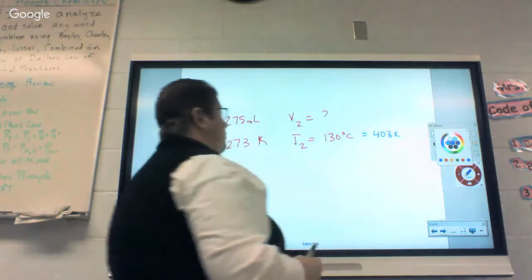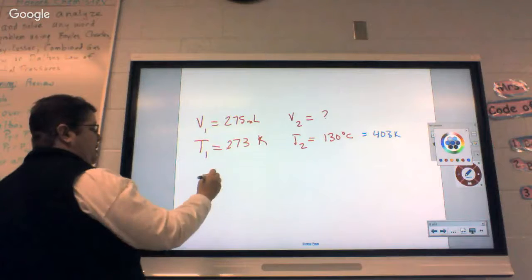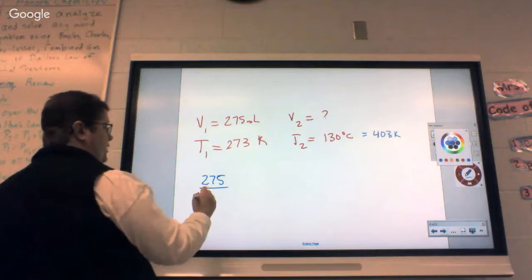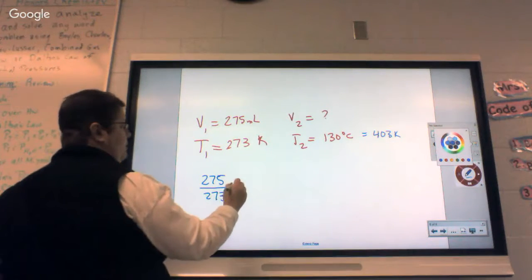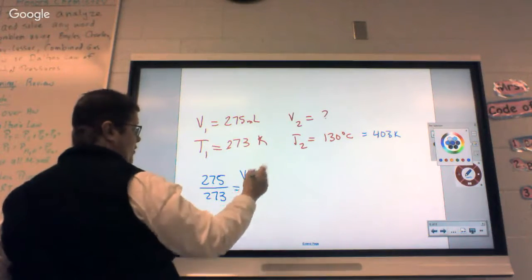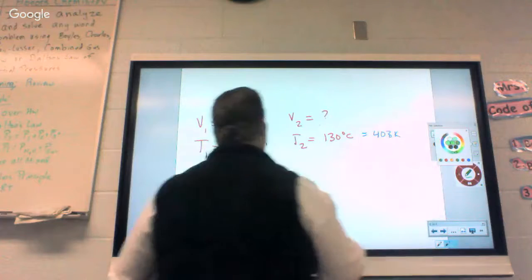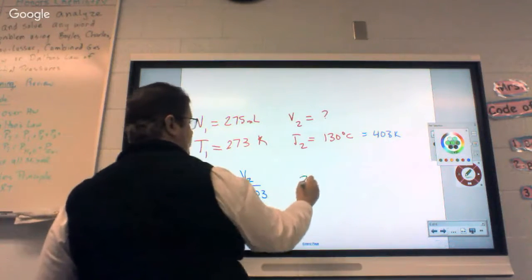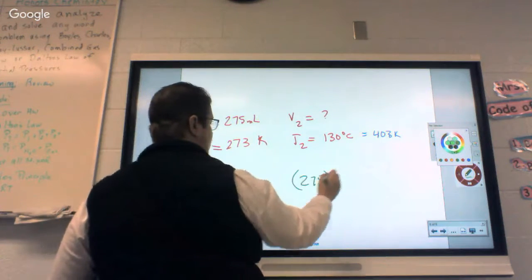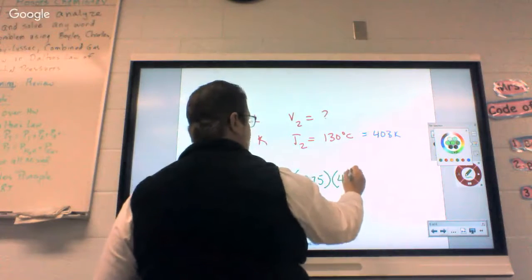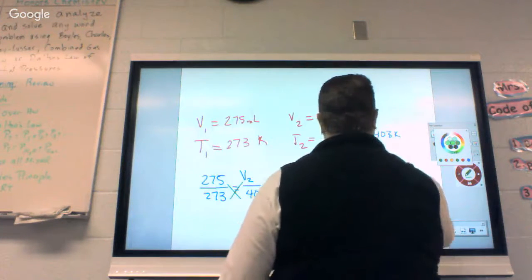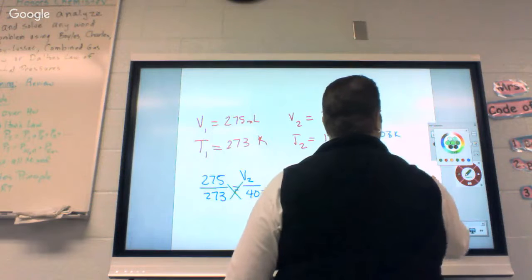All right, so now I can say V1, which is 275, over T1, which is 273, equals V2 over 403. So multiply: 275 times 403 equals V2 times 273.